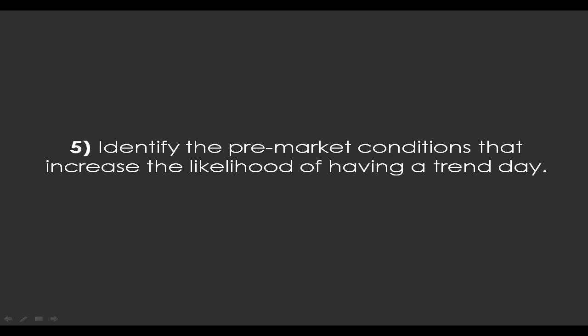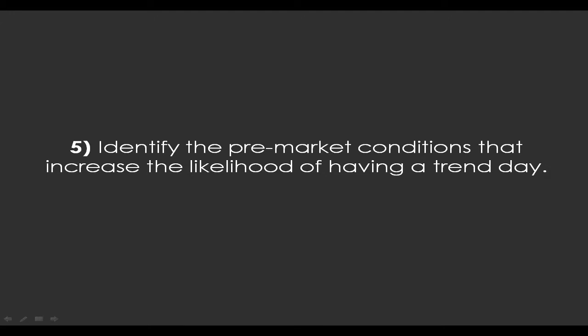Okay? Now, in our own trading and over the years of experience, we found 5 major conditions that, if they exist, give you a higher chance of having a trend day. It's never certainty, but again, it's always about probability, so we just want to increase the odds of something happening. And so let's get into them.